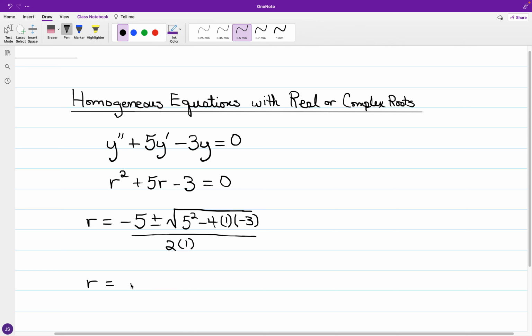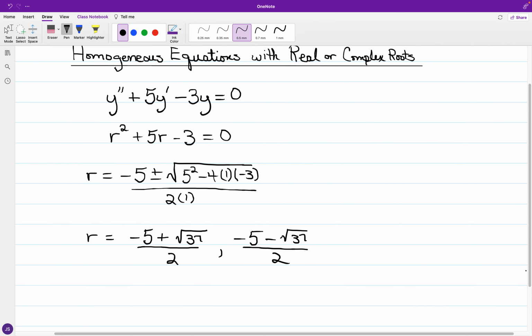So you're going to have a couple of irrational roots: negative 5 plus the square root of 37 all over 2, and negative 5 minus the square root of 37 also over 2. These would be the two distinct real roots.